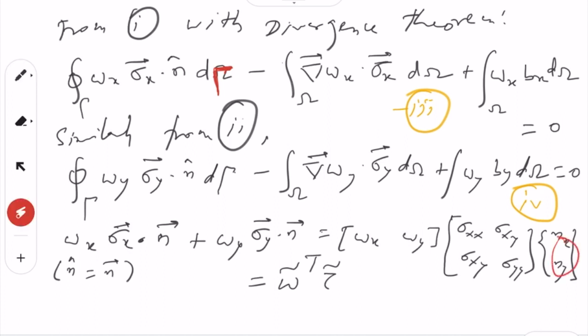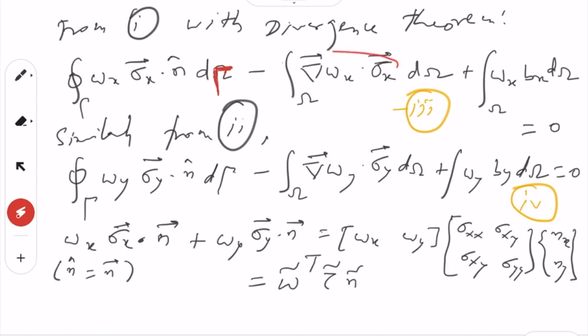So this is n tilde. This is what the whole thing will turn out. If you add this and this, this is what we will get. Okay, now the next one.